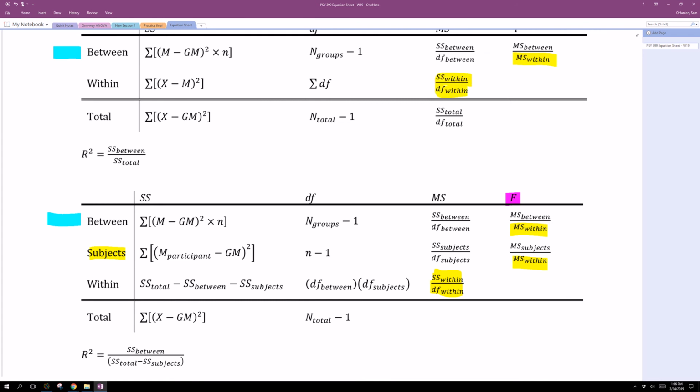What's different is that you are taking this one to go into that numerator, and this one to go into that numerator. Okay. Now again, you don't have to memorize this. It's all labeled for you, right? If you're in the MS column and the subjects row, this is MS subjects. So over here you see MS subjects. You just match it up and move on.